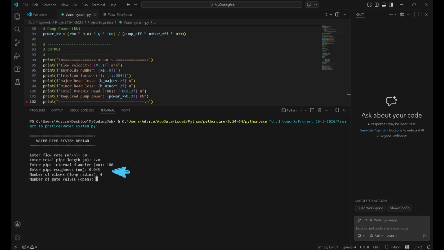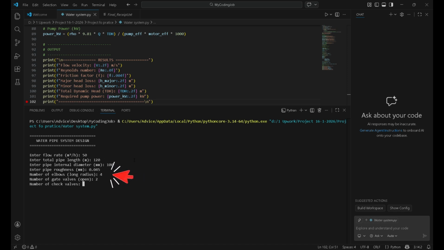4. Pipe roughness, 0.045 millimeters. A roughness value of 0.045 millimeters is used, representative of carbon steel Schedule 40 pipe. Roughness directly affects friction factor calculations, turbulence intensity, and long-term performance as the pipe ages. 5.